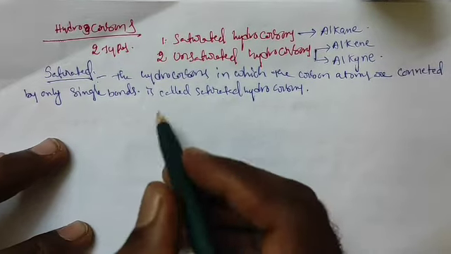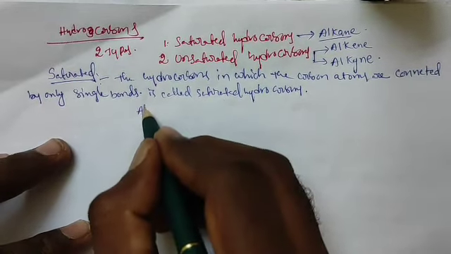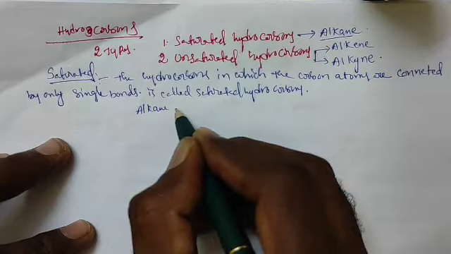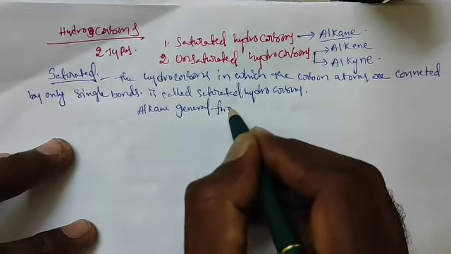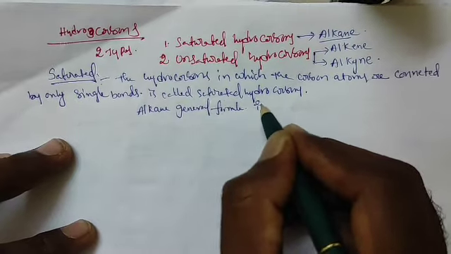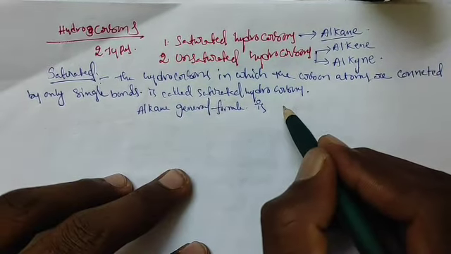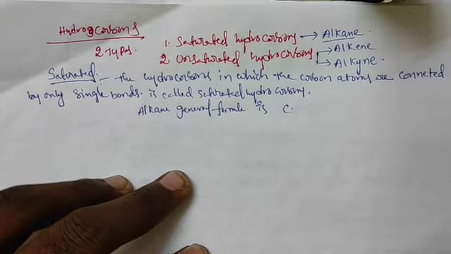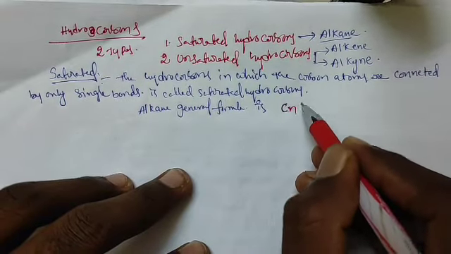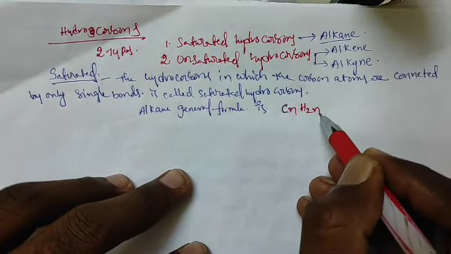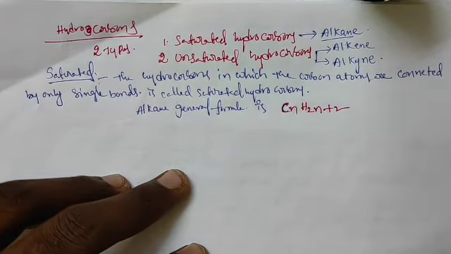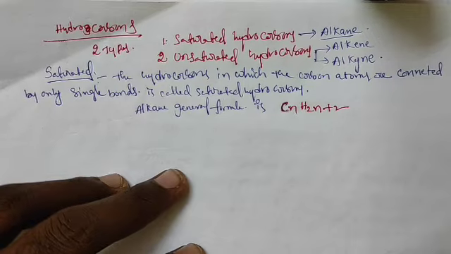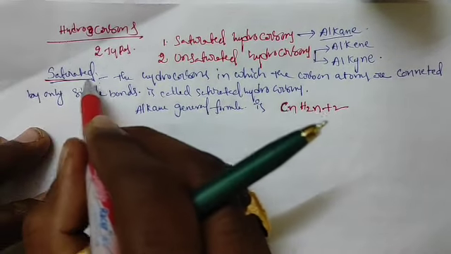Saturated hydrocarbons or alkanes have the general formula CnH2n+2.